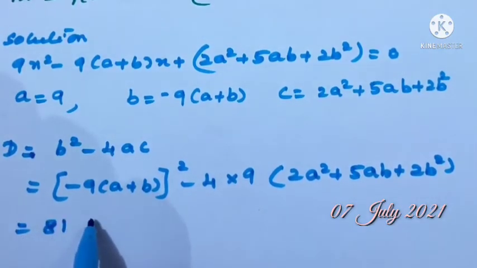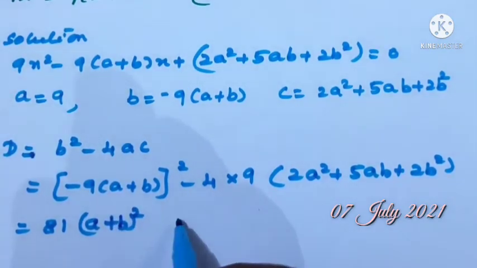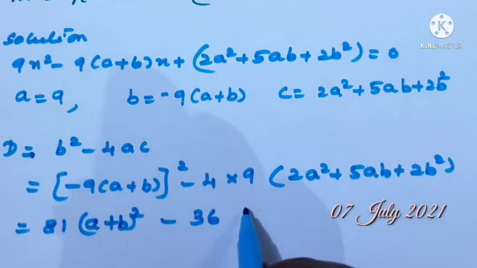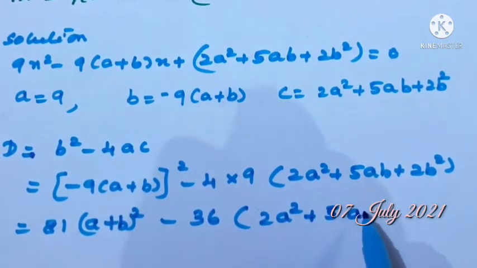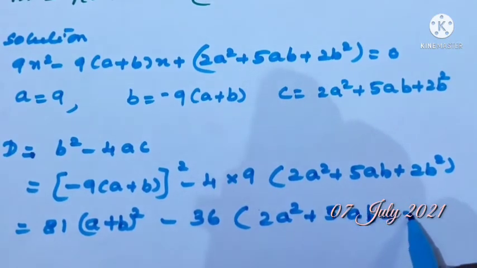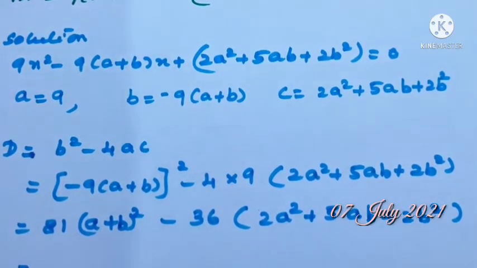So 81 into (a plus b) whole square. I'll write here. Next minus 36 into (2a square plus 5ab plus 2b square). Again expansion, 81 and 36.